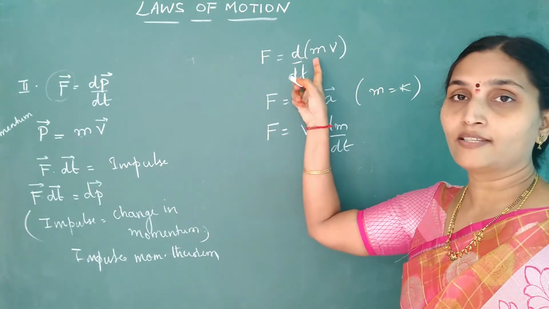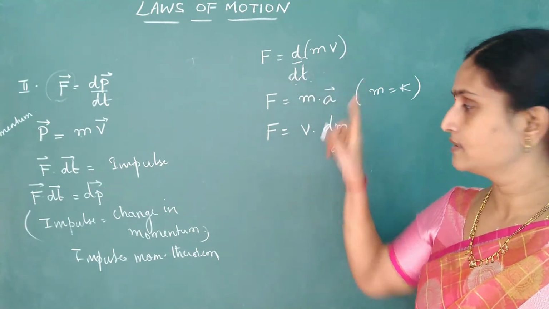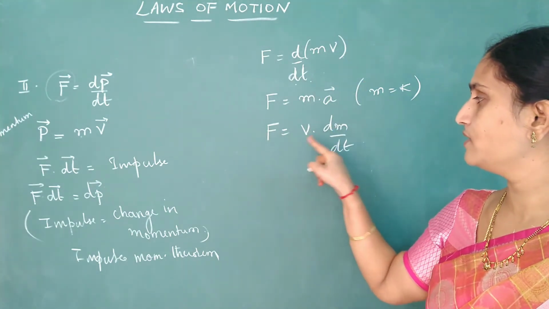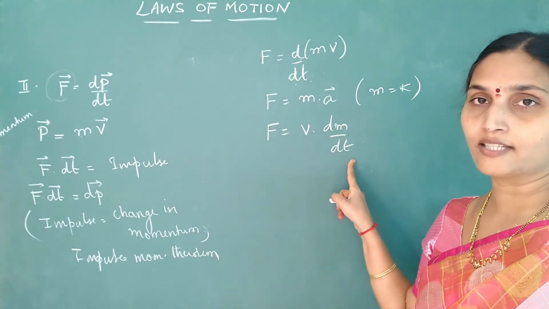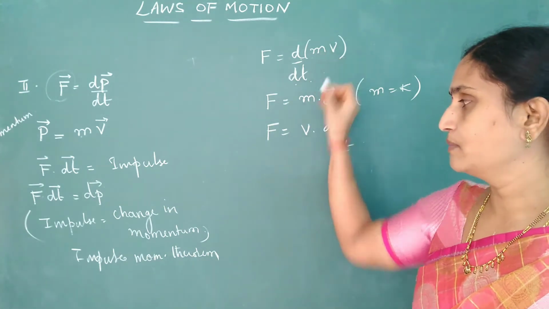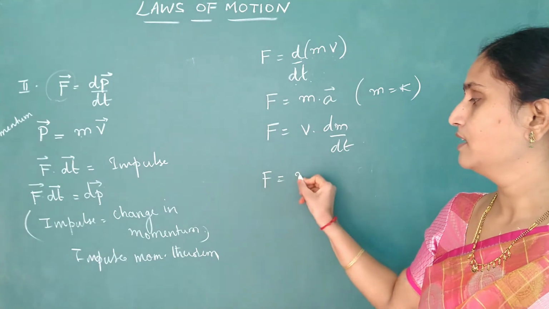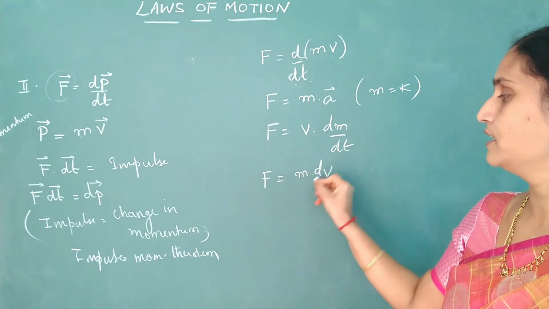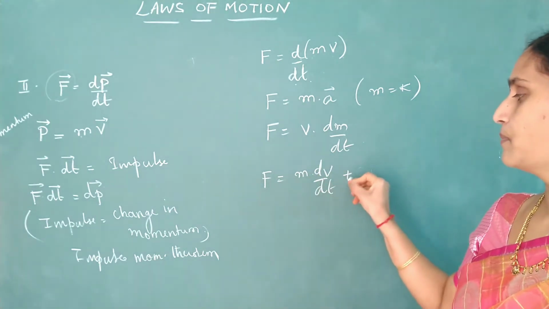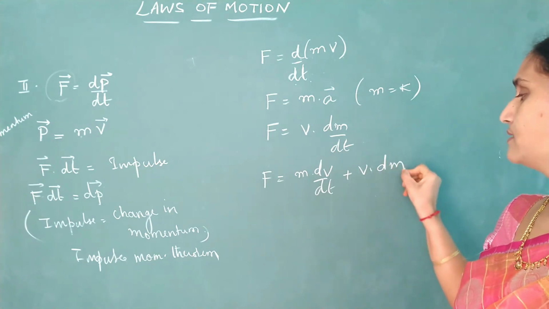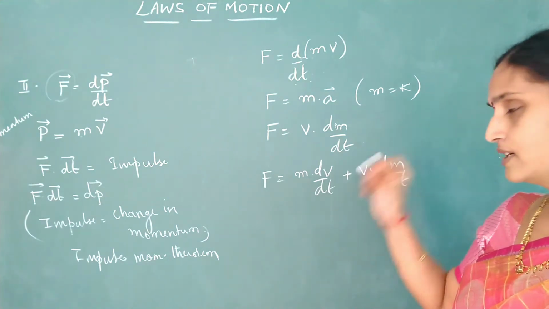If mass is changing and velocity is constant, then F will be v into dm divided by dt. If both are variables, then first function into differential of second plus second function into differential of first.